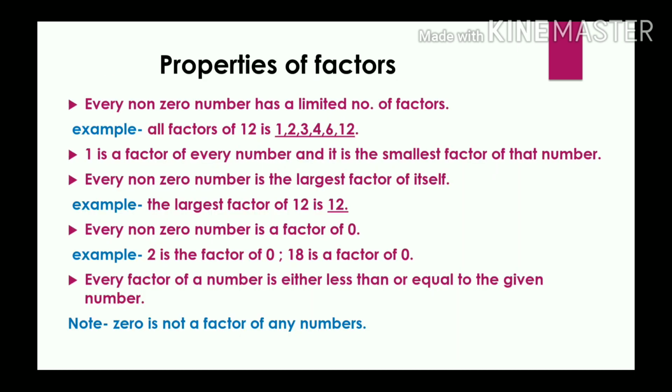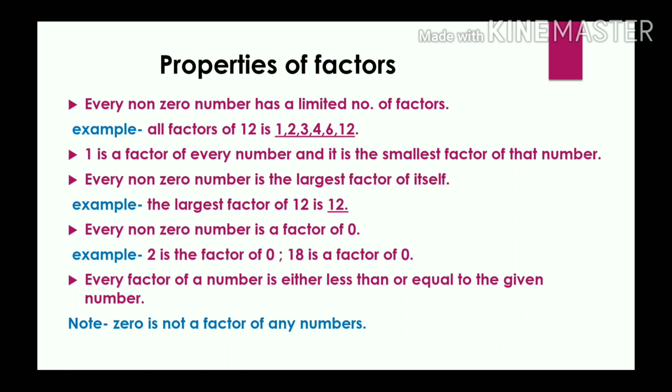Now, let's discuss the properties of factors. First, every non-zero number has a limited number of factors. For example, all factors of 12 are 1, 2, 3, 4, 6 and 12.